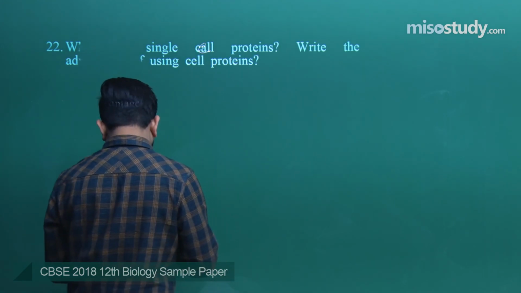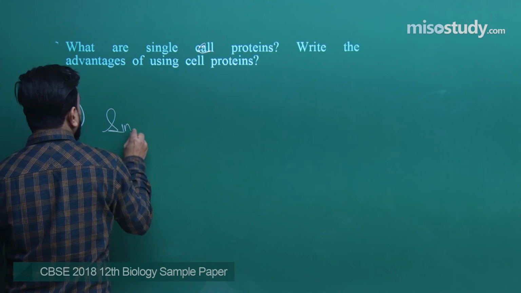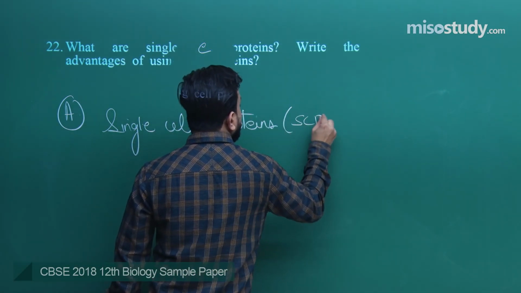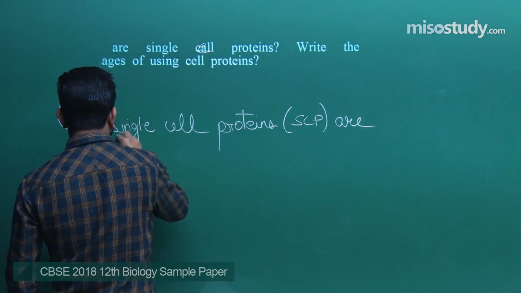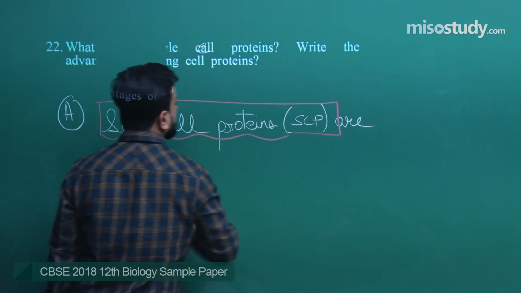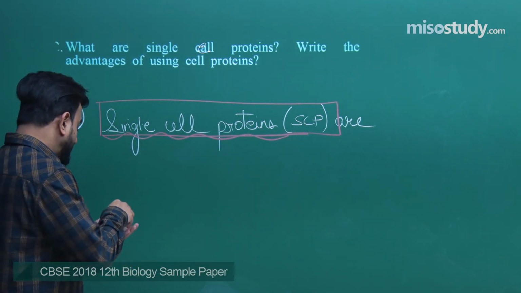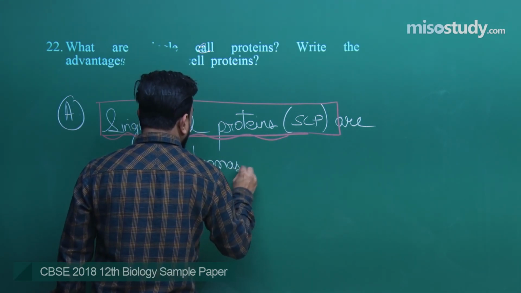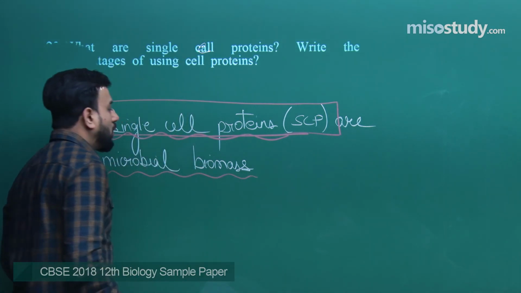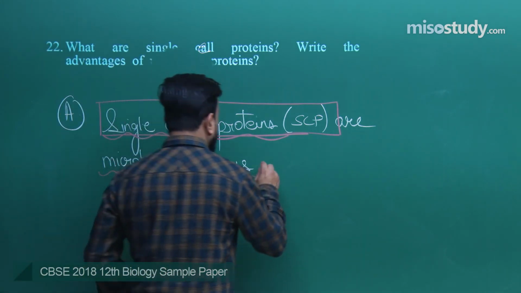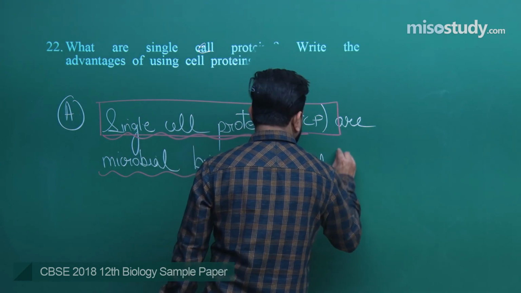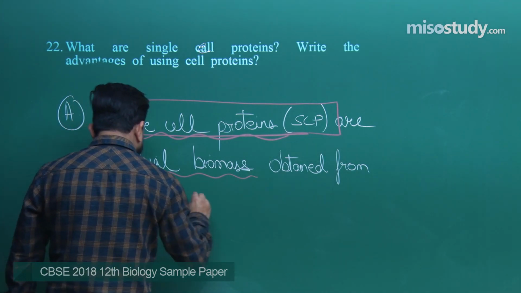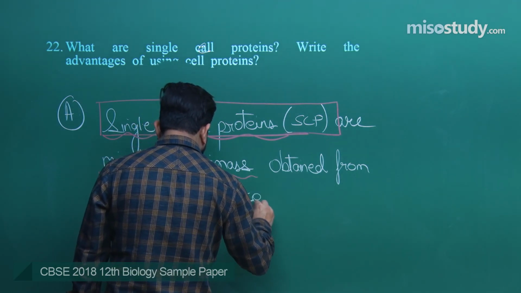So the single cell proteins, also called SCP, are microbial biomass obtained from unicellular or multicellular microorganisms.